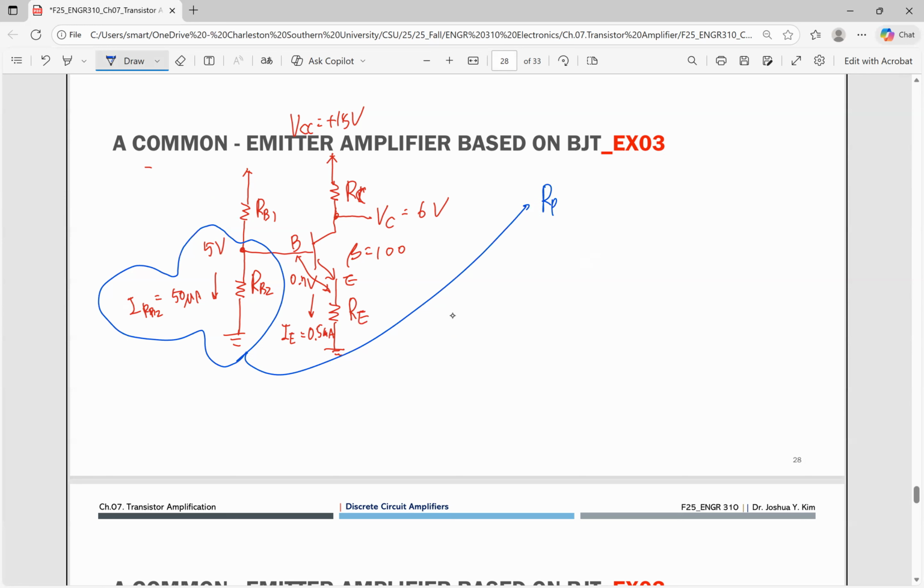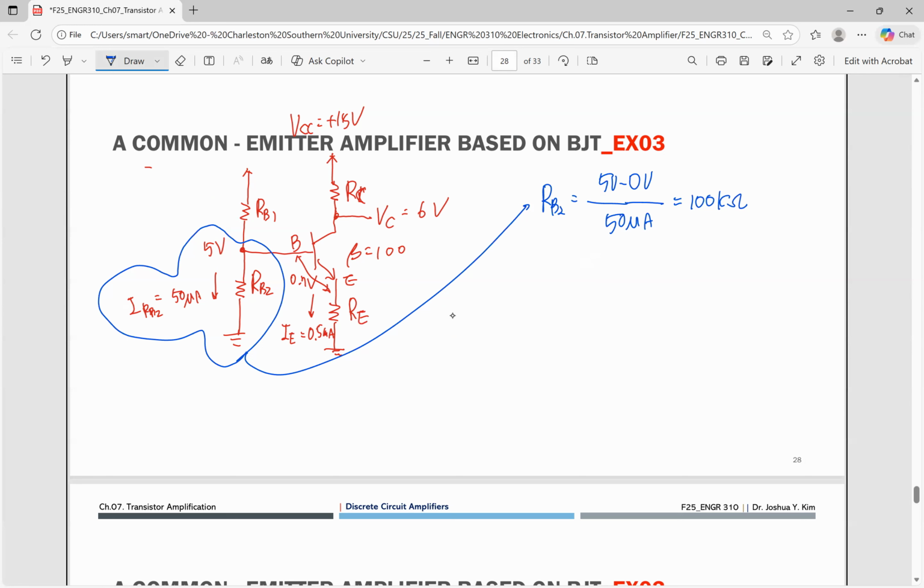So R sub B sub 2, by Ohm's law, is 5 volts minus 0 volts divided by the current, 50 microamp. So that was for the 100 kilo ohm. Okay, I'm going to skip the calculation.